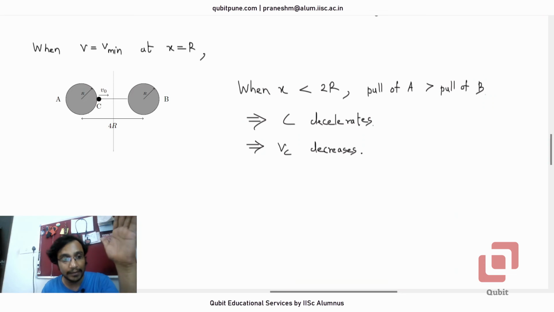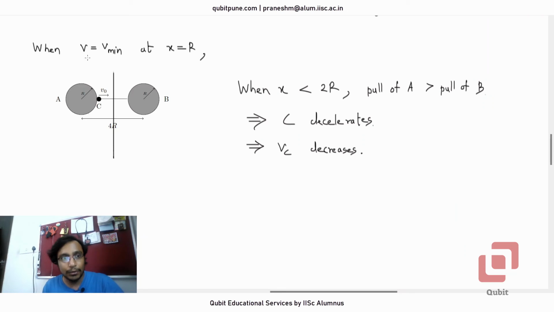Now note that we want this to continue to cross this particular plane, isn't it? Because if the body C fails to make it till that plane, it will be pulled back by A. Once it reaches that point and crosses it, then it is safe. The body B will now take care of it.